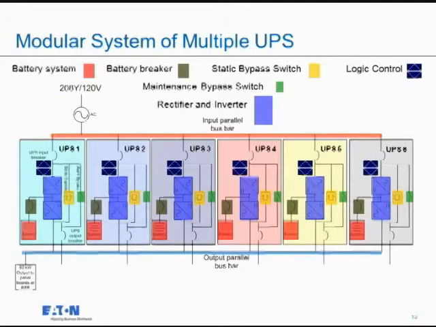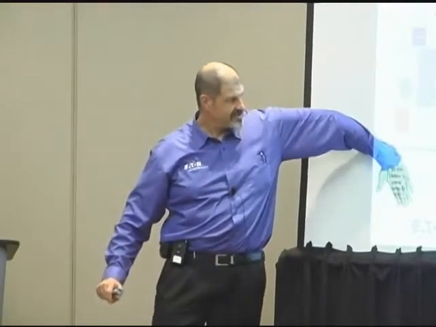So when I take these 6 UPSs and I now say you're part of one system, I also have 6 distribution outputs. So why don't I scale my distribution? Why tie it all back into a common panel? I can, but I suggest you don't do that.